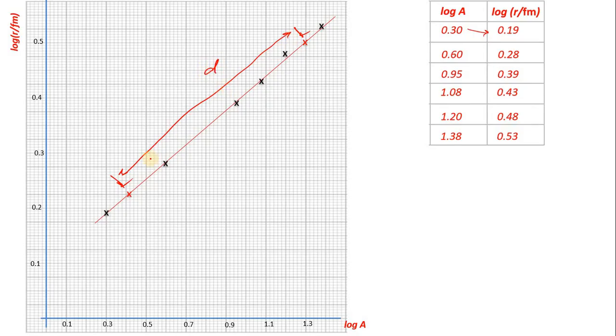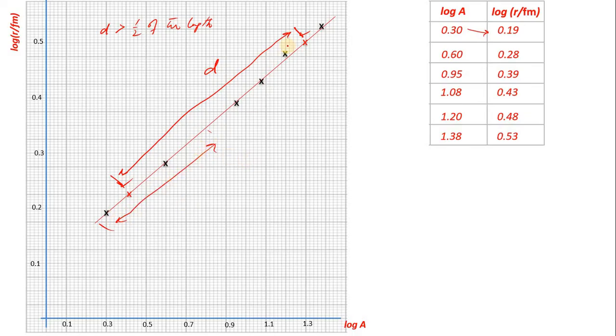This distance d between the 2 points must be greater than half of the length of the line, and half of the length is approximately this. This is the half of the length.